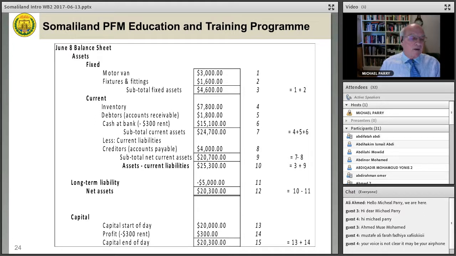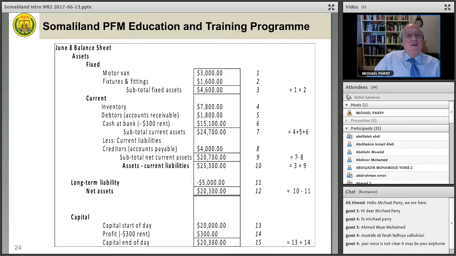And that's reflected in the balance sheet. The expense is reflected in a reduction in the cash balance of $300 from $15,400 to $15,100, which reduces our net assets by the same amount to $20,300. And our profit is reduced by $300 to $300, so that we have a capital at the end of the day of $20,300.